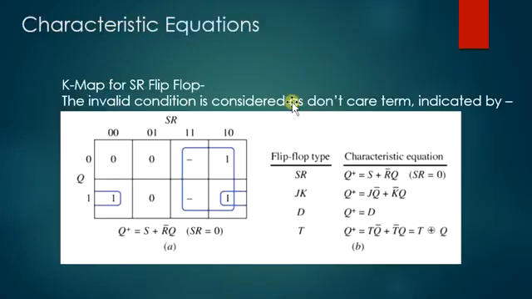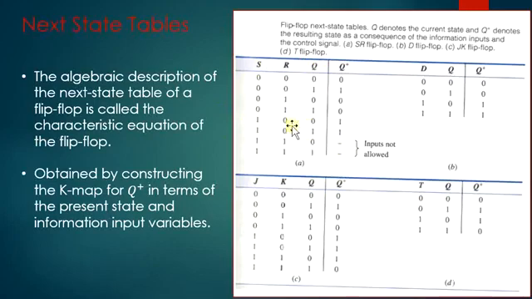So here is the Karnaugh map for the SR flip-flop, which is shown here in figure A, and to indicate the invalid condition, we have considered them to be the don't care terms shown as a dash. In this particular Karnaugh map, we have used the function table which is indicated here, wherein S, R and Q are considered as the variables and Q plus is considered as the output.